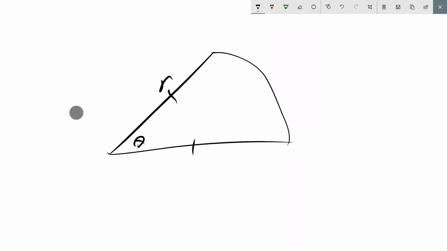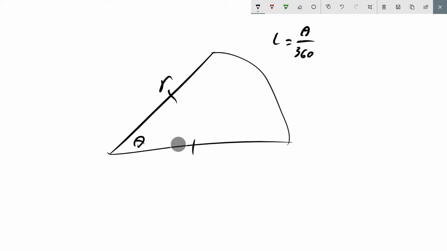Because this is just part of a circle, we can just use and adapt the circumference. But we don't say circumference anymore because this isn't a full circle. We say this is the arc length, and we use L for that. So the arc length is going to be theta over 360 degrees, because that would be a full revolution.